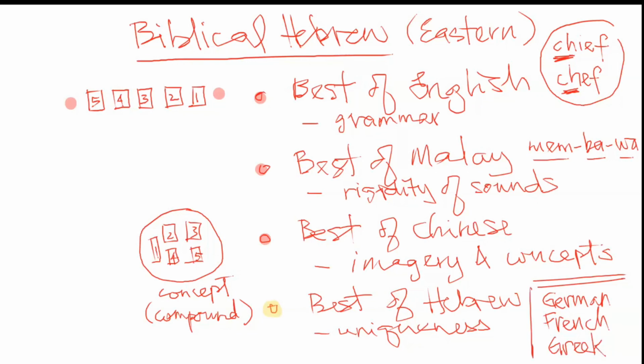If you are familiar with some of these languages, then that will also be very useful indeed, right? But most of us here in Asia are not familiar with German, French, or Greek, and hence I will not be referring much to those languages at all. Now let's take a look at the alphabet.